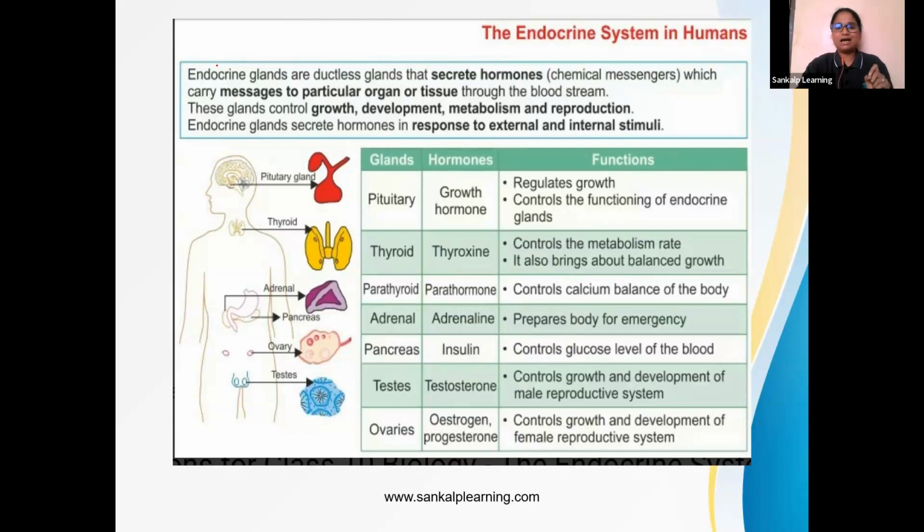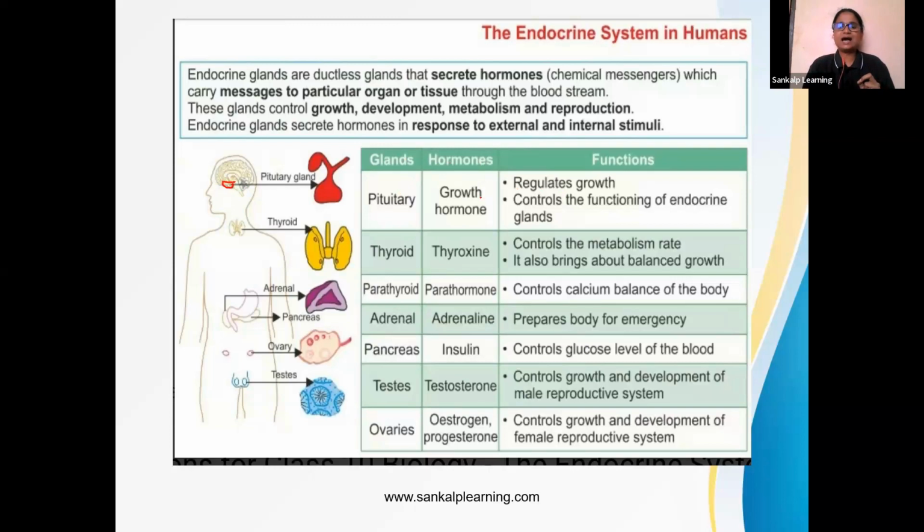Endocrine glands secrete hormones in response to external as well as internal stimuli. So endocrine glands will not always be secreting hormones. They will secrete hormones when they are stimulated by a stimulus, which may be external or internal. Let us check the pituitary gland. Here in the brain, the pituitary gland is situated.